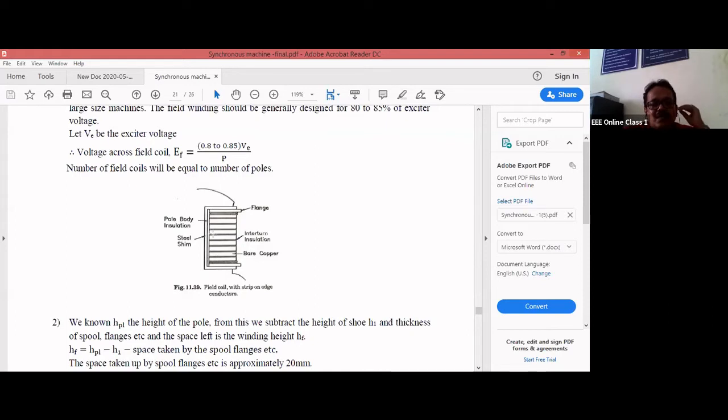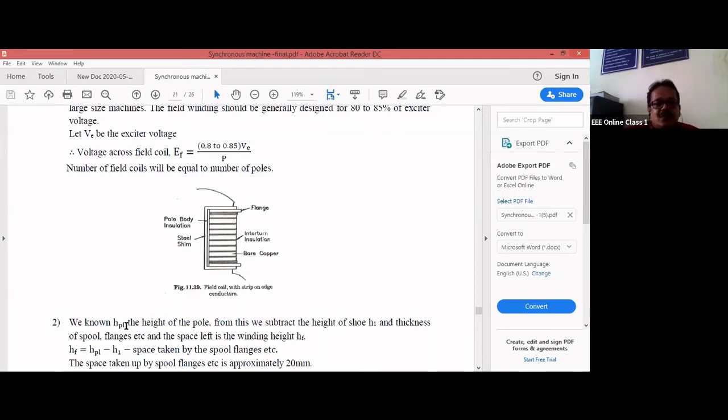So we have to use certain things, what we call a flange and a spool. Directly you can't wind on the poles. Before winding the field coil, we have to use the flange and the spool, and above that we wind the field winding.